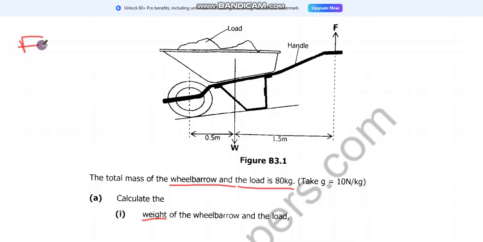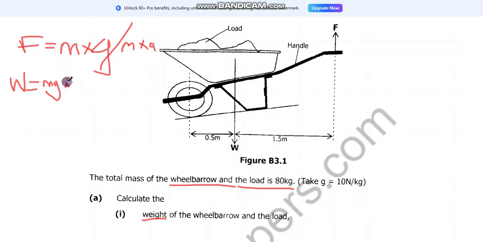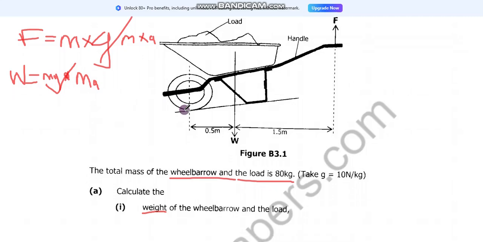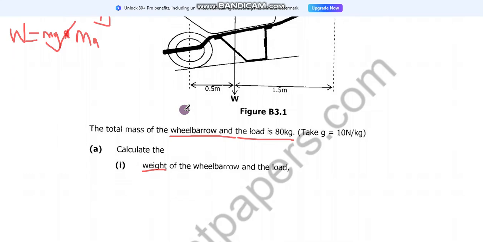Since we know that force is equal to mass times gravity, or in other words mass times acceleration due to gravity, and since weight is calculated the same as force, that simply means weight is equal to mg, which is mass times gravity, or mass times acceleration due to gravity. So therefore, when we use that formula, we write it right here.